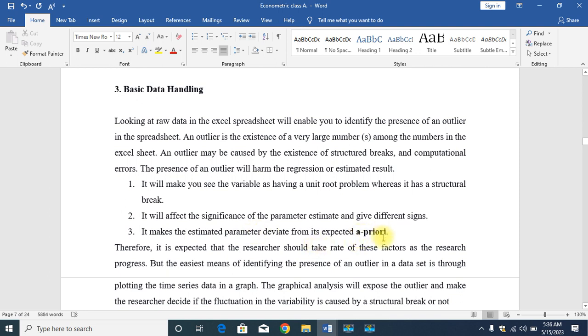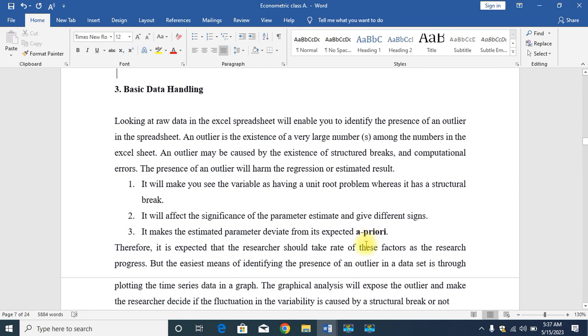The word a priori means the expected presumptions, assumptions, predictions, or theoretical expectation of the researcher. It is how the researcher expects the explanatory variable to behave on the explained variable.